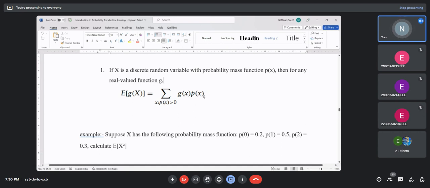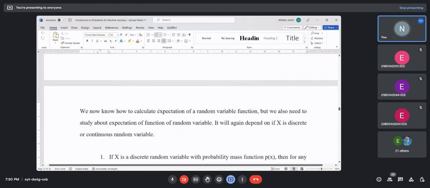Previously I simply had x into p(x). Now I have g(x), because I'm going to calculate the expectation of a random variable function. I'm not talking about the expectation of a random variable, I'm talking about a random variable function.